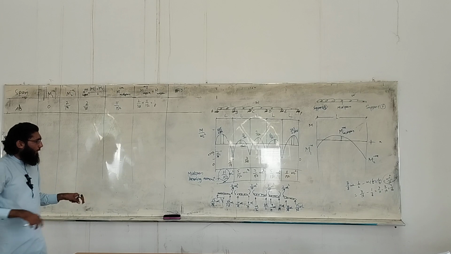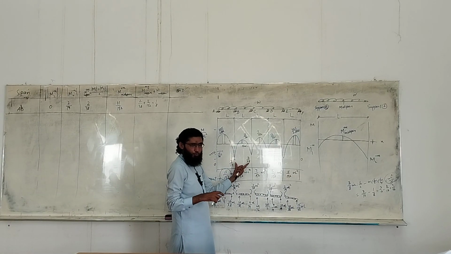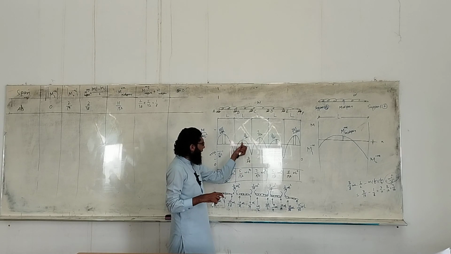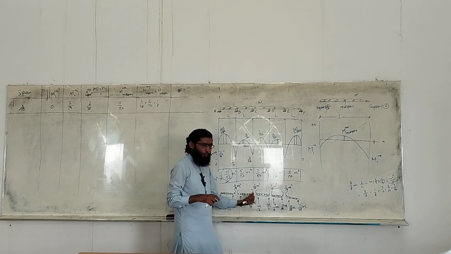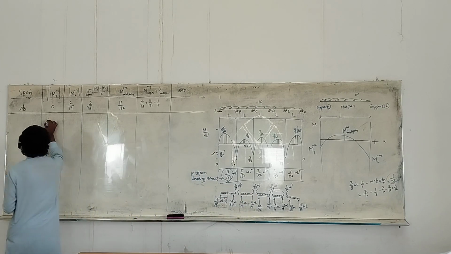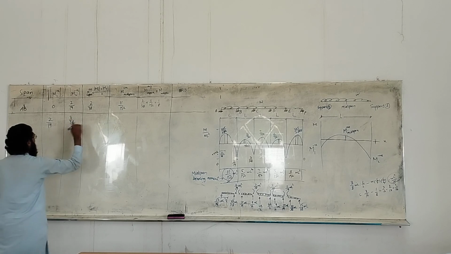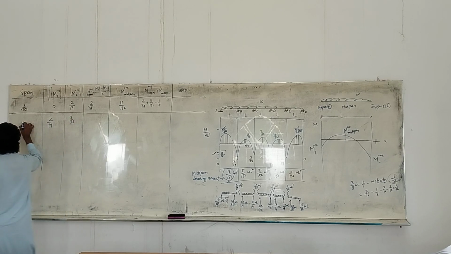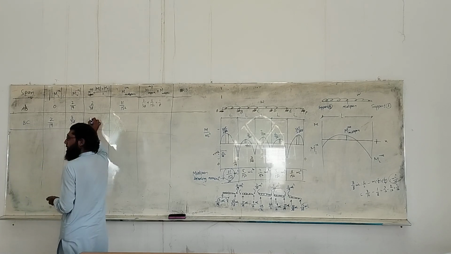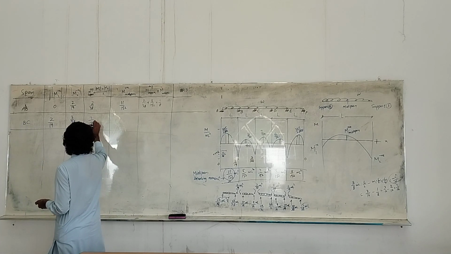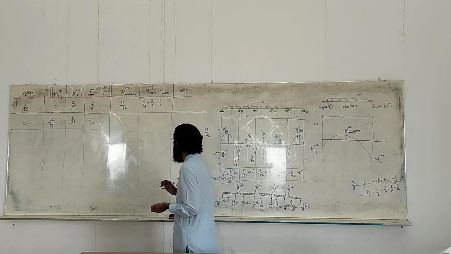Okay, next span. This span, the two end bending moments at the two ends and the mid-span bending moment. Let's see, 2 by 19 and 3 by 38. Okay, this is 2 by 19, this is 3 by 38. So what is the average? Sorry, 7 by 76. Okay, what next?